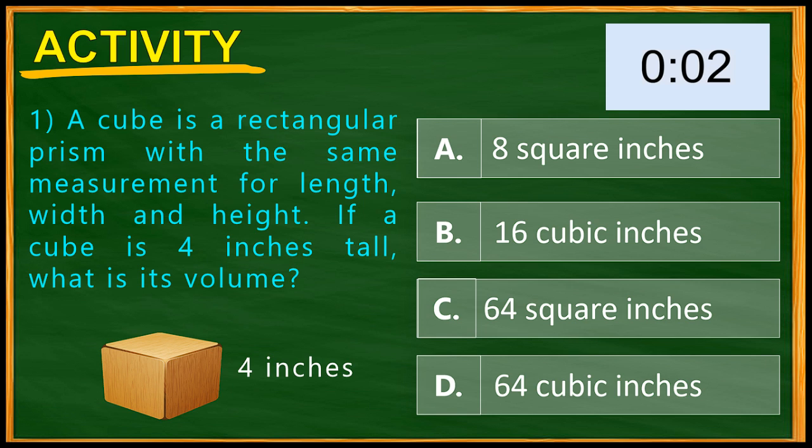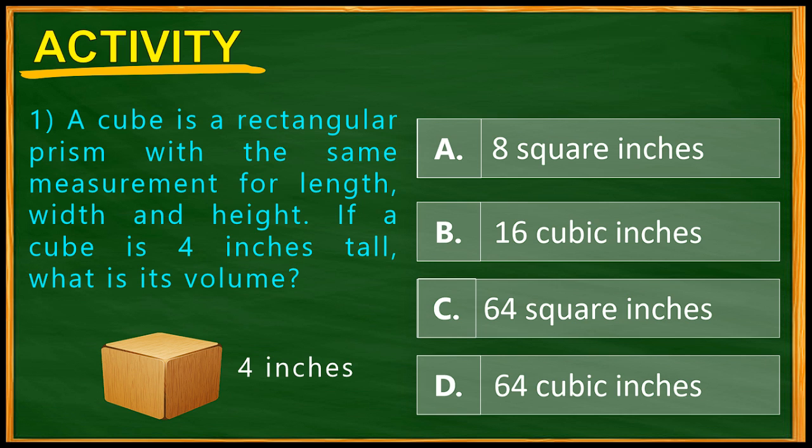Okay, so the correct answer for number one is letter D, 64 cubic inches. 4 times 4 times 4 is 64 cubic inches, not square inches.